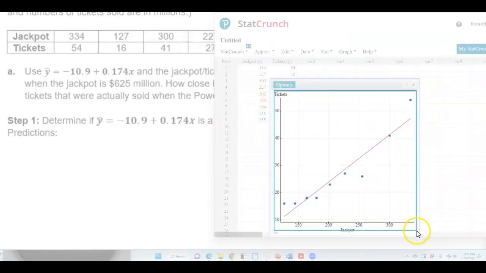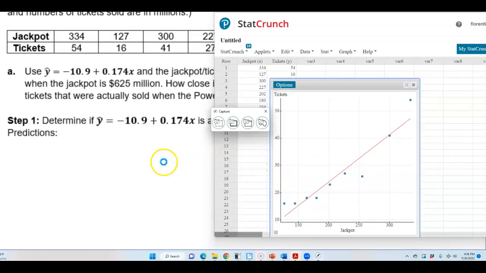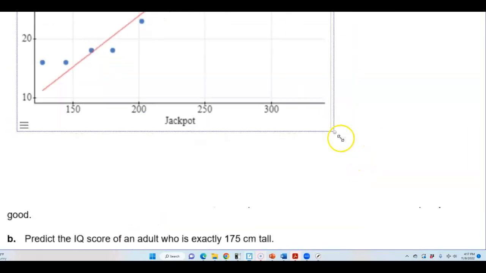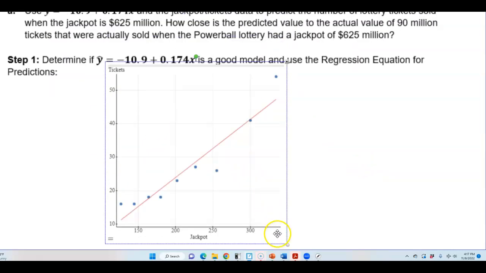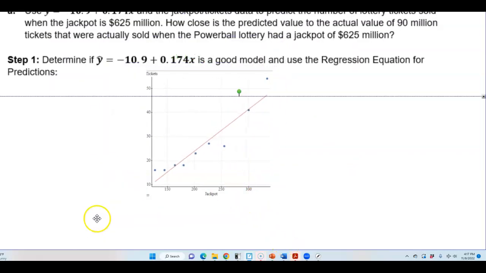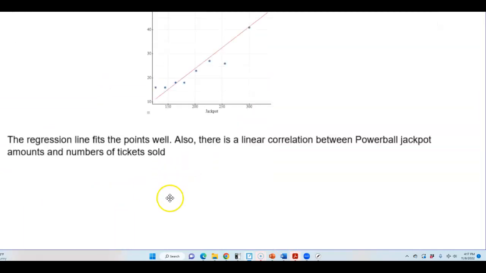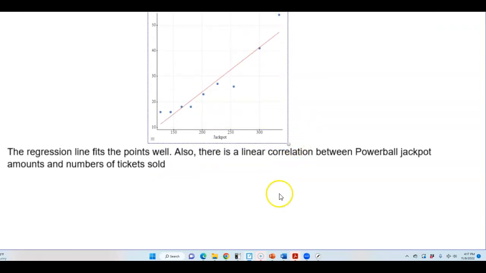Now what we want to do is determine whether this line fits that data. When we look at that regression line, it does fit the regression data. So we would say that the regression line fits the points well.